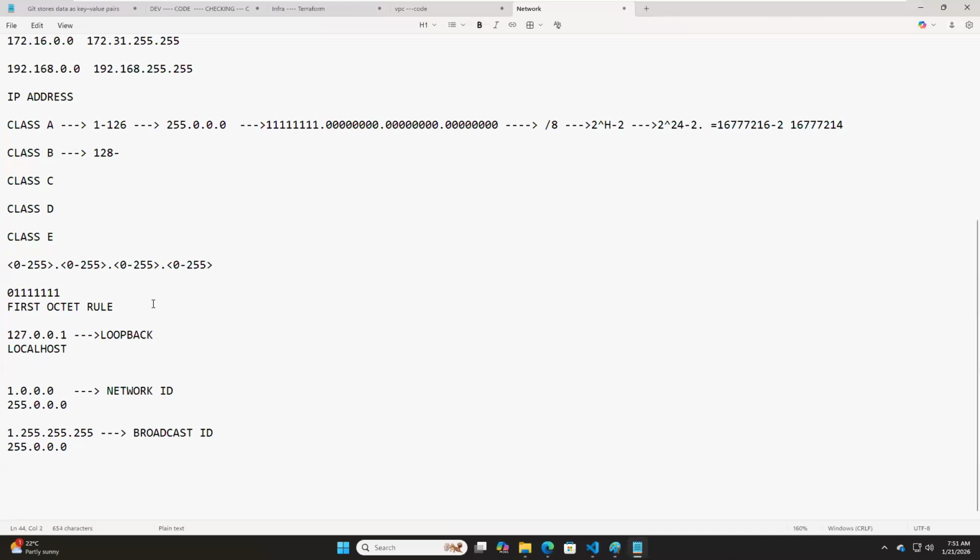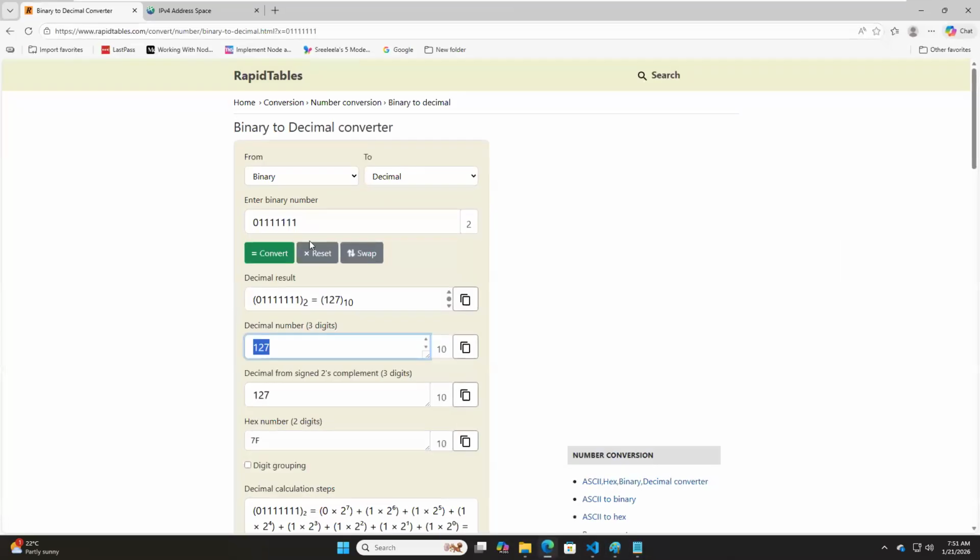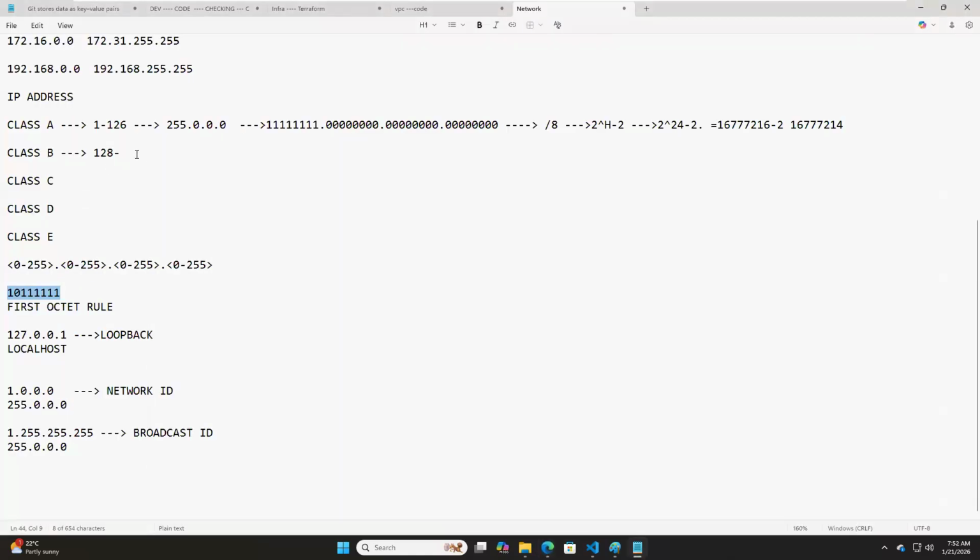In the first octet rule, if you convert the second bit into 0, then whatever number you get will be the end of class B. That is 191. So class B ranges from 128 to 191, and the default subnet mask is 255.255.0.0.